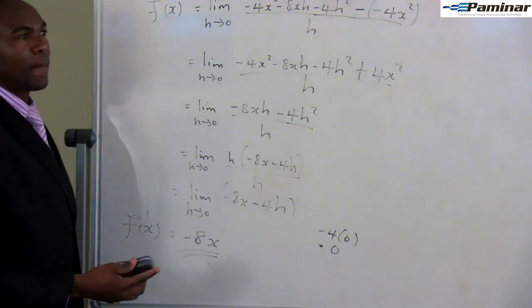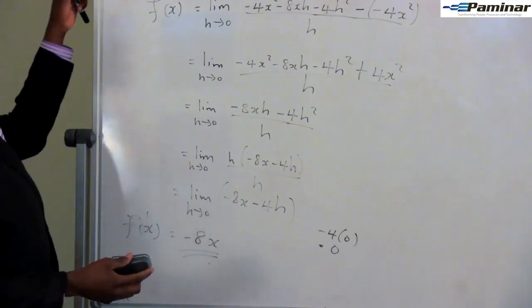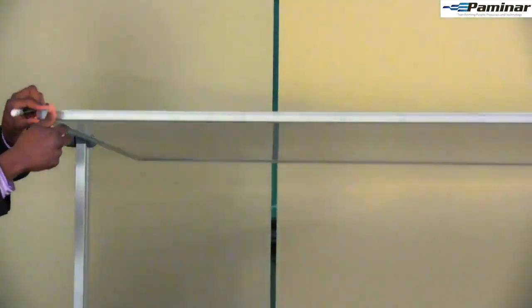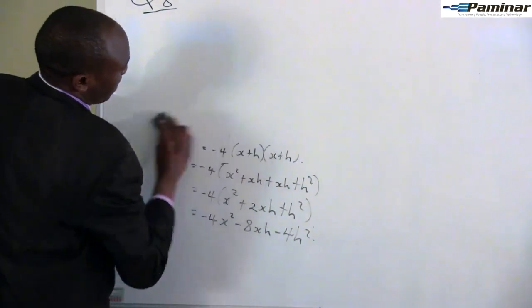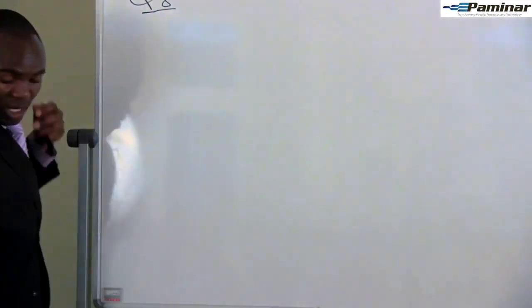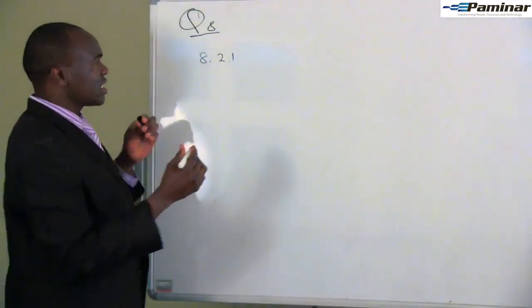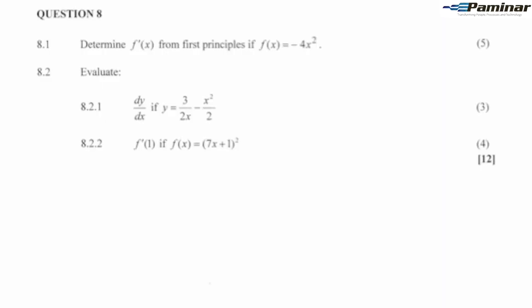Now let's do 8.21. Now it says there, evaluate dy over dx if y is called 3 over 2x minus x squared over 2.